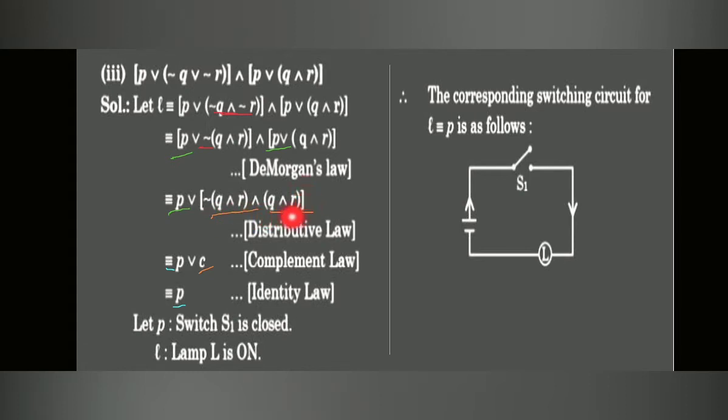This is written in brackets, and this P and this P are taken common. This is the distributive law.